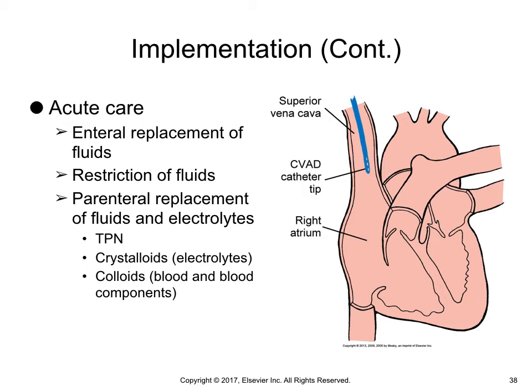Oral replacement of fluids is contraindicated when the patient has a mechanical obstruction of the GI tract, is at high risk for aspiration, or has impaired swallowing. Some patients who are unable to tolerate solid foods are still able to ingest fluids. Strategies to encourage fluid intake include offering frequent small sips of fluid, popsicles, and ice chips.